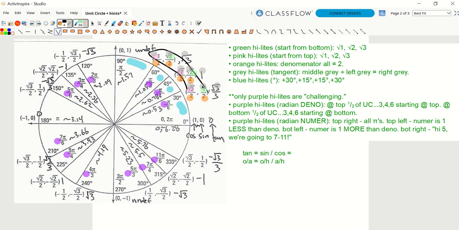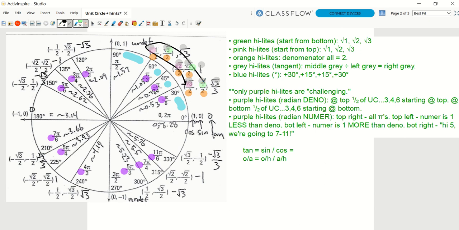This is square root 1, square root 2, square root 3, square root 1, square root 2, square root 3. So we start from the bottom and loop our way around. And that's what it says here. For the green highlights, start from the bottom, and for the pink highlights, start from the top. Just square root 1, square root 2, square root 3.